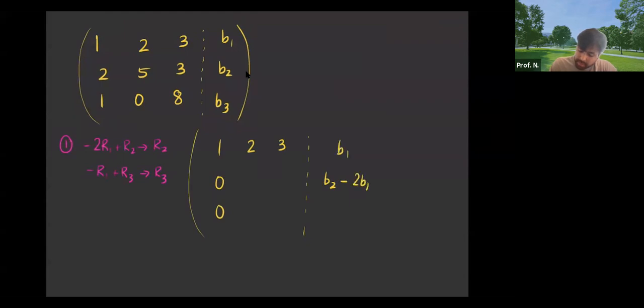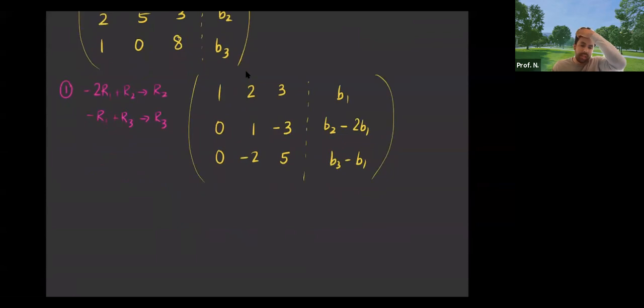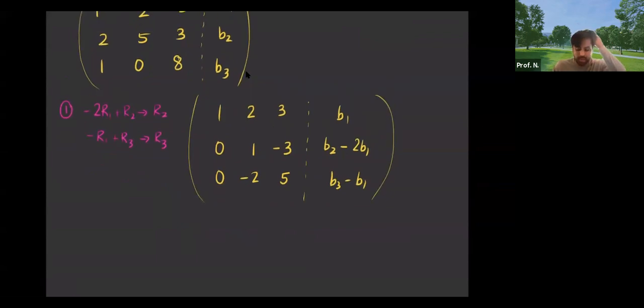This is B1. This becomes -4, this is 1, and this becomes -3. This becomes -2, and this becomes 5. And this becomes B3 minus B1. So that's the first step: we eliminate the entries below, making them zeros.